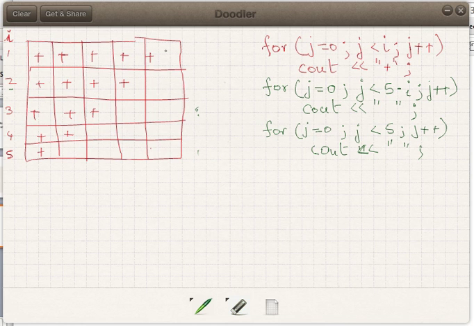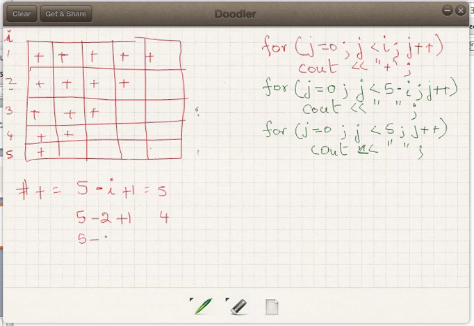So how many pluses do we have? We have to come up with a formula. We have a maximum of 5 columns, right? So 5 minus I, will it work? 5 minus I for each row gives 4, 3, so it won't work like that. We need to add 1. So 5 minus I plus 1. First row we have 5, second row is 4, which is 5 minus 2 plus 1.